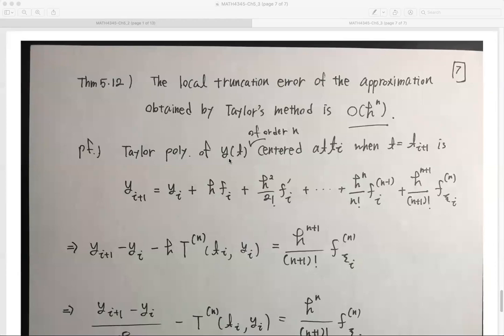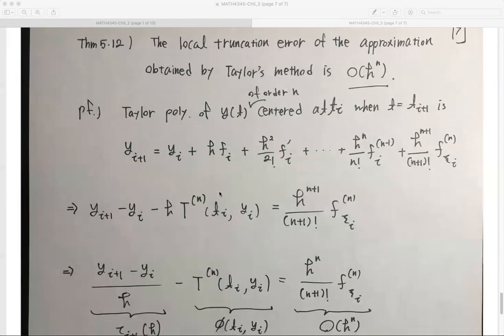So theorem 5.12 says that the order of the Taylor method will determine the rate of local truncation error. Here, writing n.